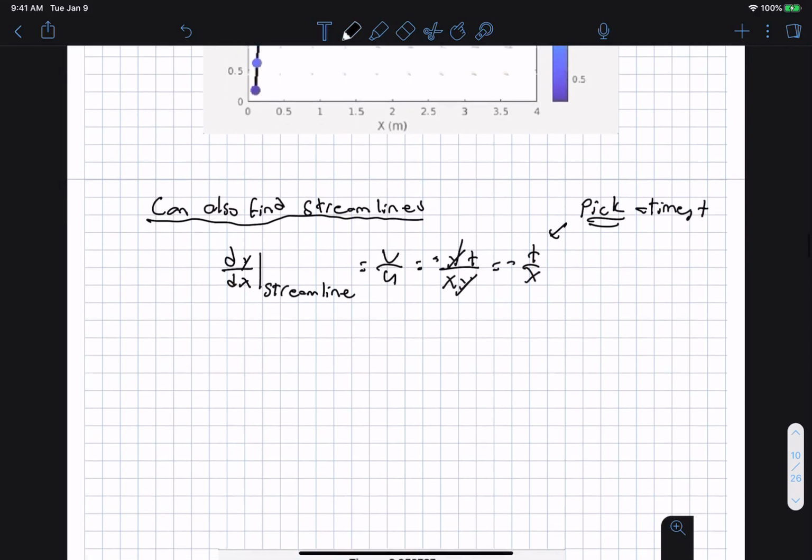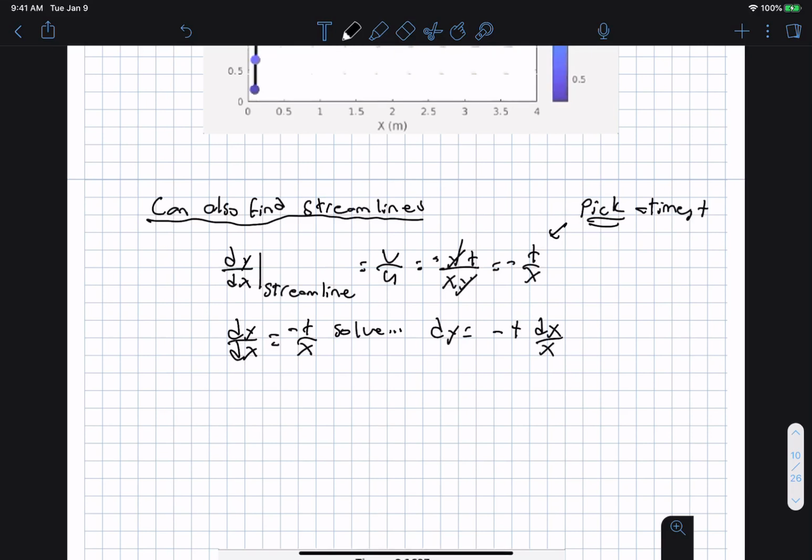Okay, so we have dy dx equals minus t over x. And this is a separable first order ODE, and we can solve this. It's first order separable. So we have dy equals minus t dx over x.